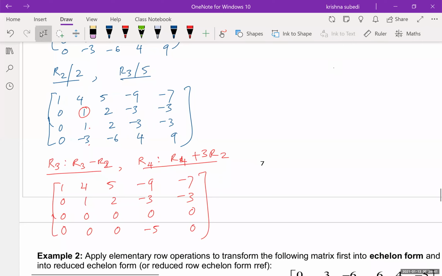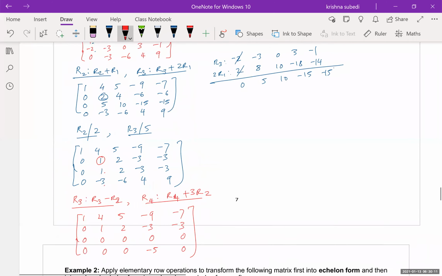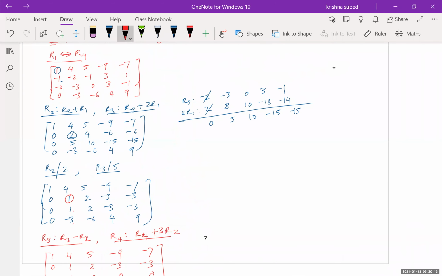Is it in echelon form? I think no, because the leading entries are also 0. Yeah, exactly. If there is a row that has all of the elements 0, that must be at the bottom. So what you need to do is switch R3 and R4. Let me erase this.